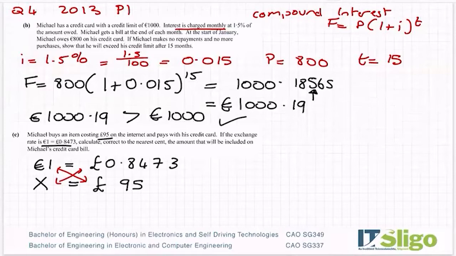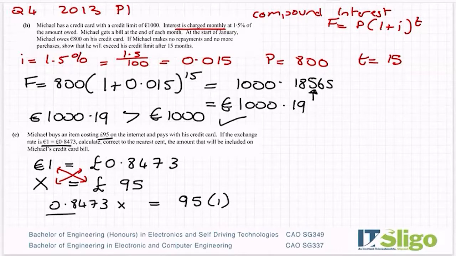Okay, so you will get 0.8473x is equal to 1 times 95. So it's equal to 95 times 1 if you want.